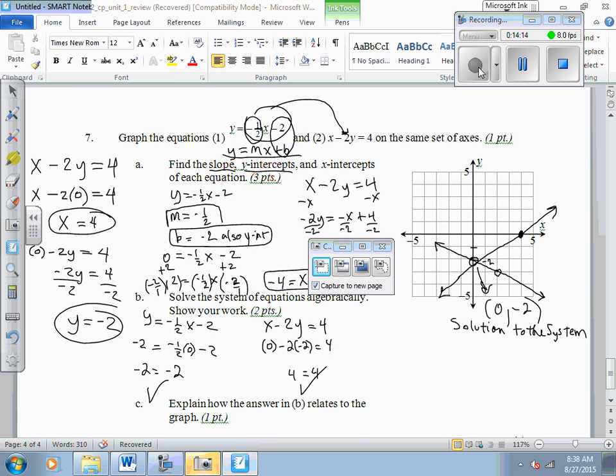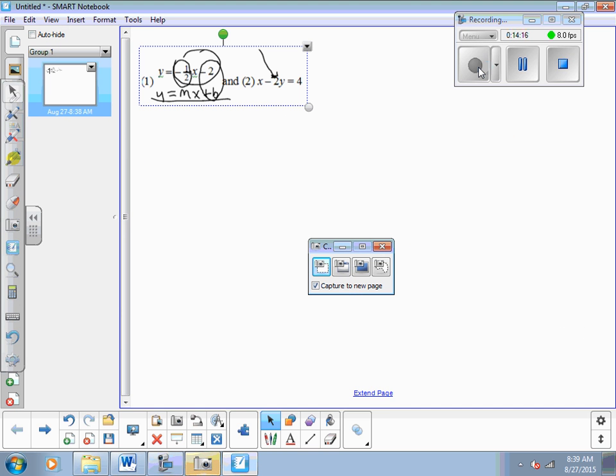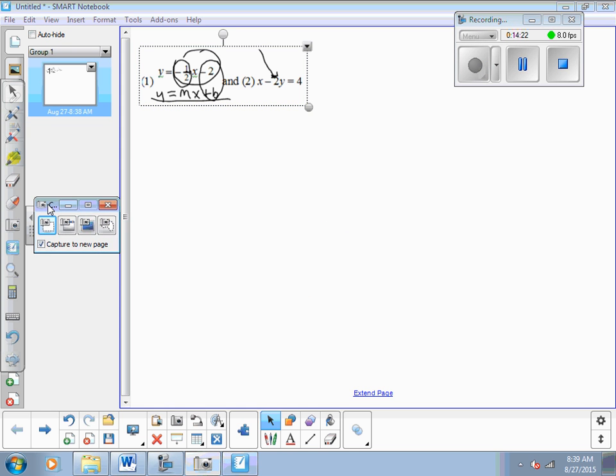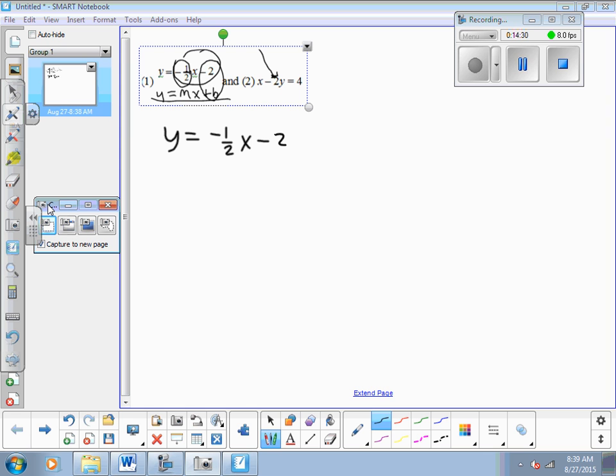Now this is back from Algebra 1, okay? Way back from Algebra 1. All right, so here's what happens. When you are solving a system of equations algebraically, you want to make sure that one of the equations can be substituted into the other one.